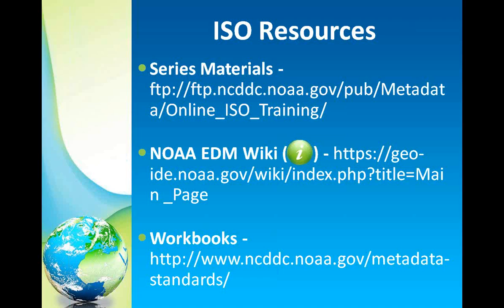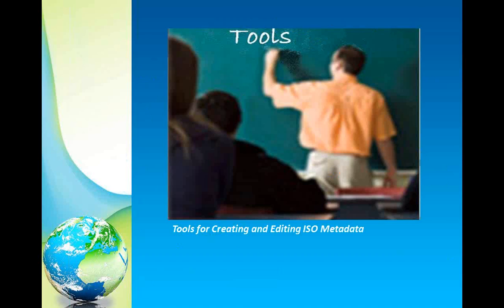The URL is there. And also some of the workbooks that we've been using, especially for the exercise that we've done today for the last class, are available at ncddc.noaa.gov/metadata standards. Those workbooks are available there.